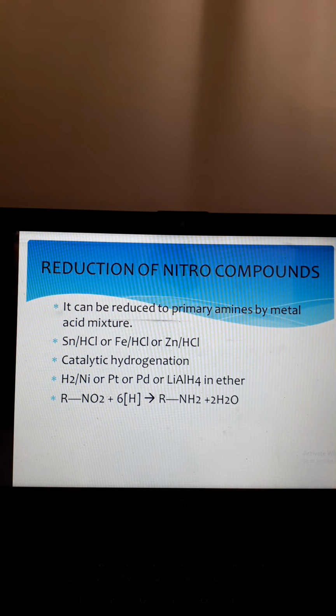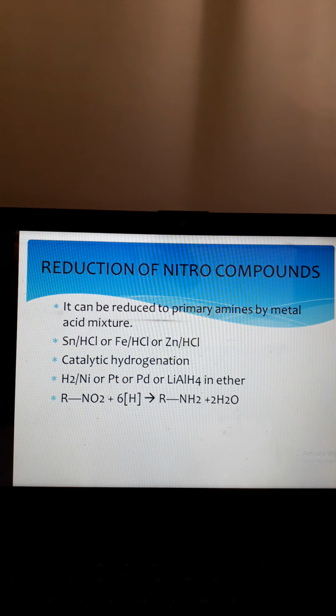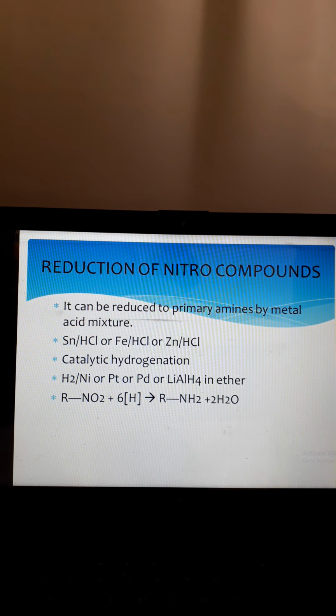And here catalytic hydrogenation can also take place. Now here H2 with Ni, or you can use Pt or Pd, or LiAlH4 in ether, lithium aluminium hydride, and that also in ether solution.